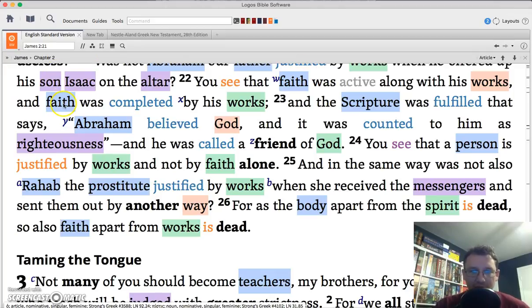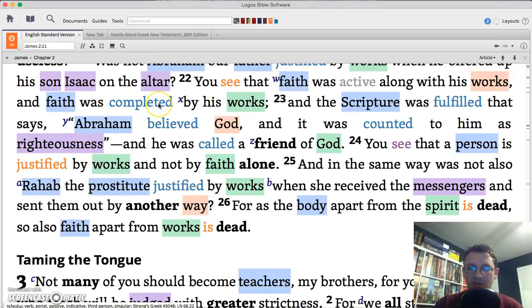And faith was completed. Here we have a perfect tense, which, if you remember, carries the meaning that something happened in the past and its effects carry on into the present, by his works.